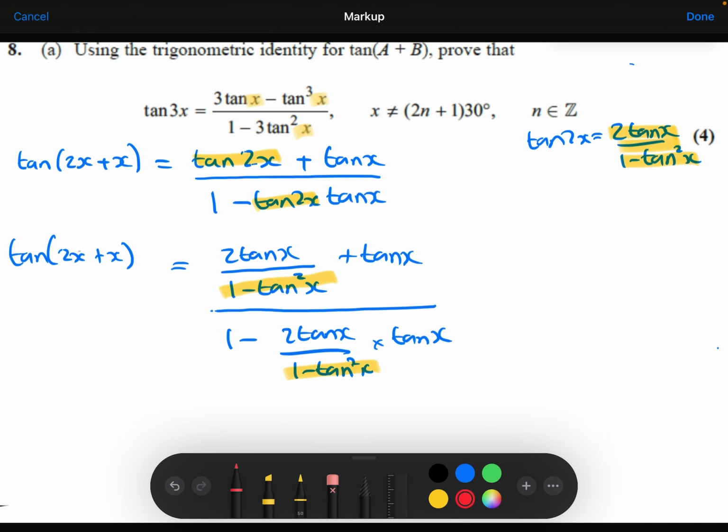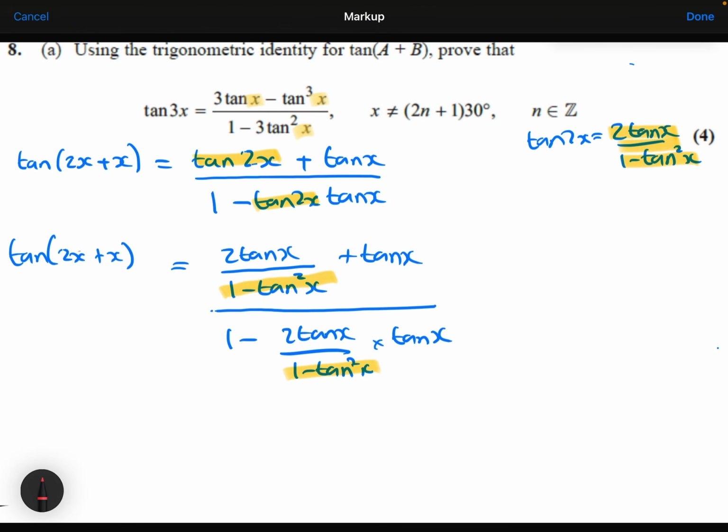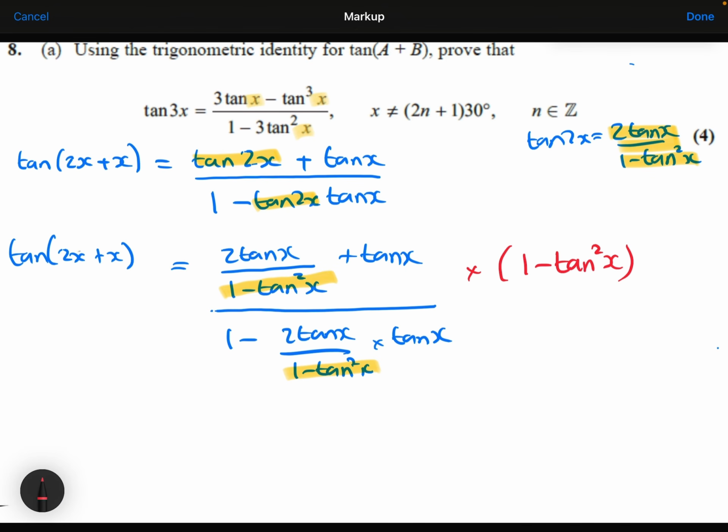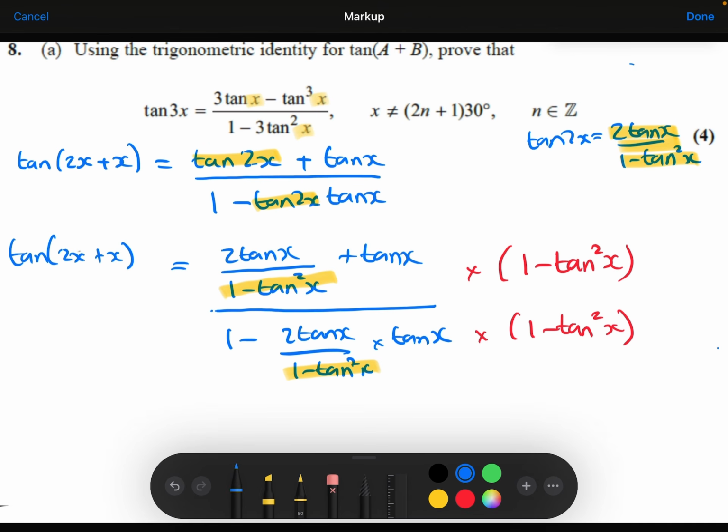Well, the best way I can do that is if I multiply everything on the top here by 1 minus tan squared x, because that would cancel this out and get rid of it. But obviously I can't just times the numerator by that, I would have to times the denominator as well. So let's work through that.